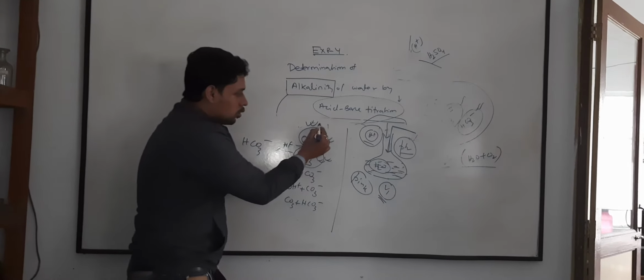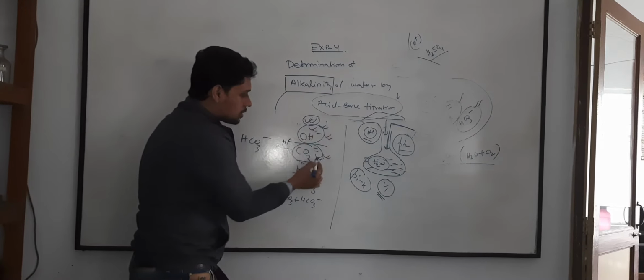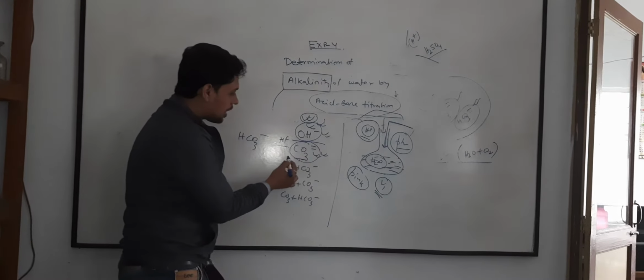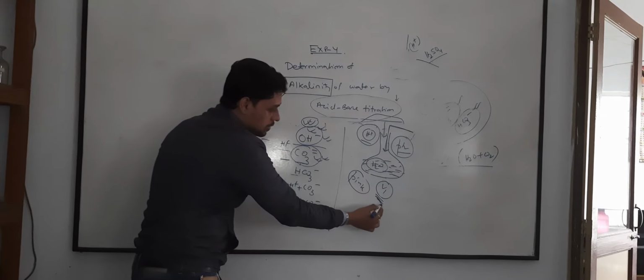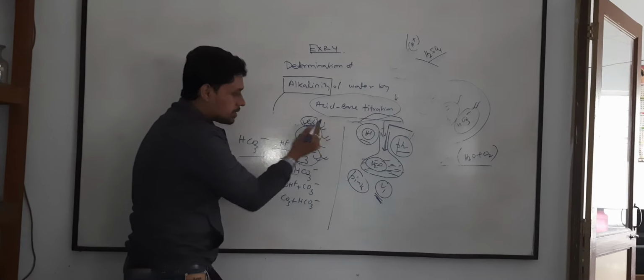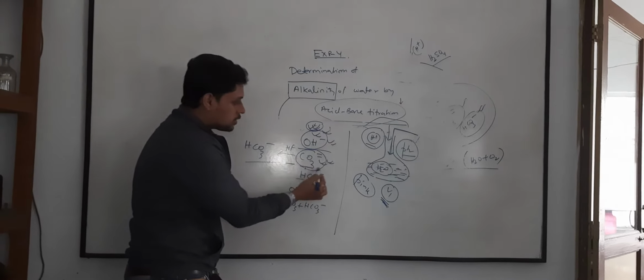So V1 is responsible for the total neutralization of OH minus or half neutralization of carbonate.